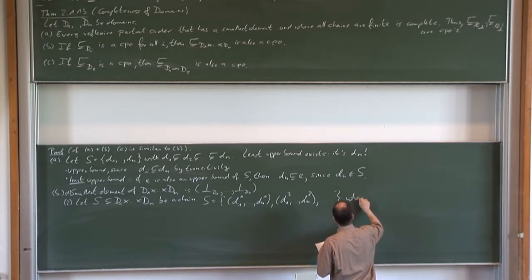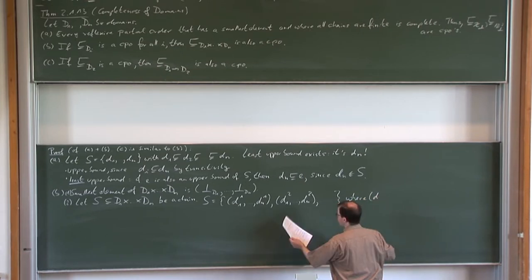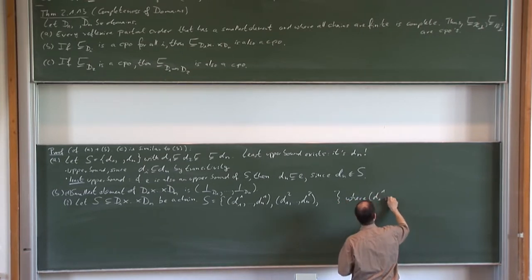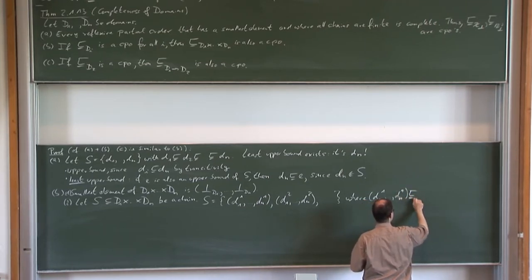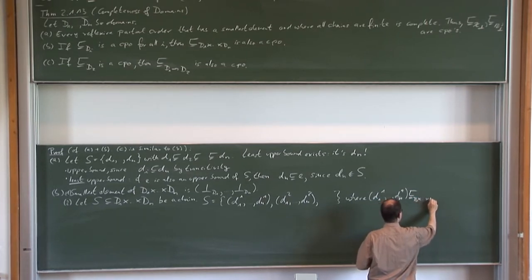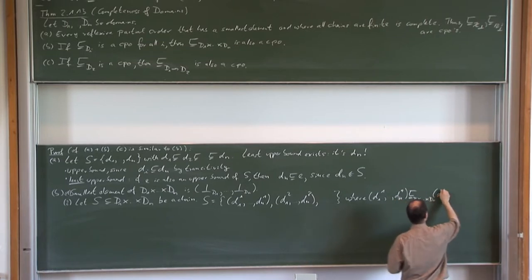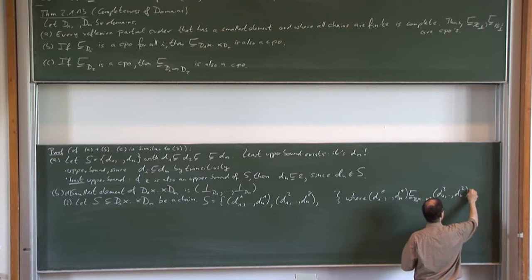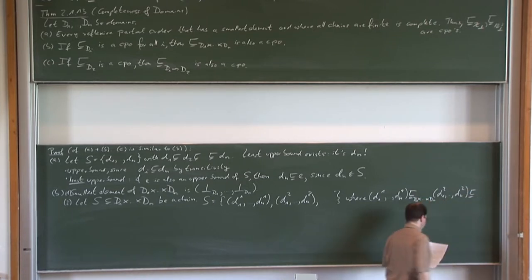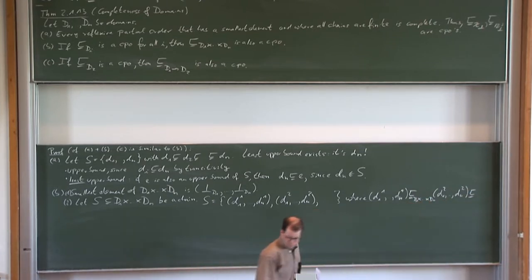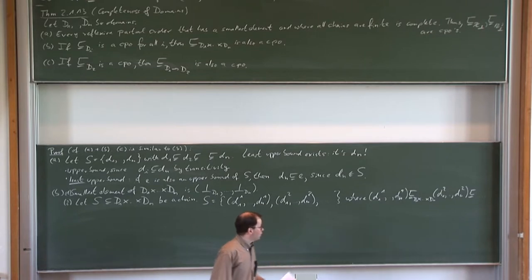And let's say we can order these elements such that D11, this first tuple, is less than or equal to the second tuple and so on. Now, we know how the comparison of tuples works.